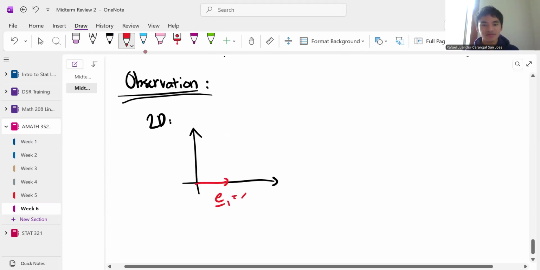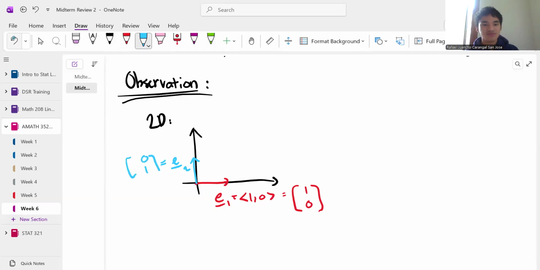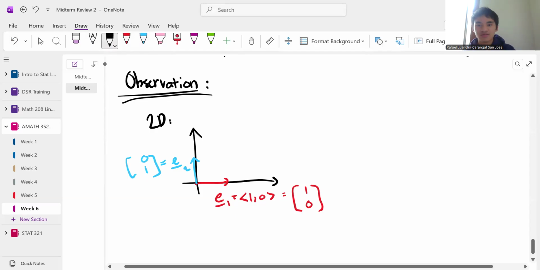And this is the vector 1, 0, or another way you could write it is in a column. Then we also have e to the 2, which is the same thing as 0, 1. Now in 3D, how would this look?